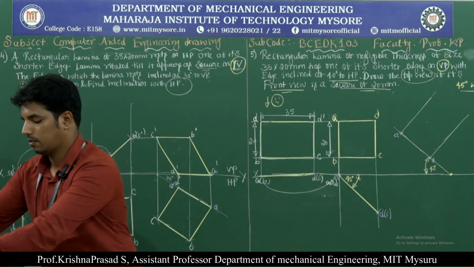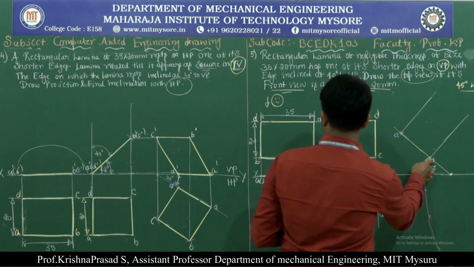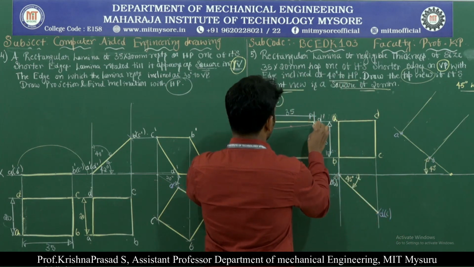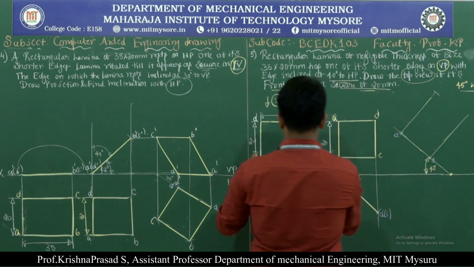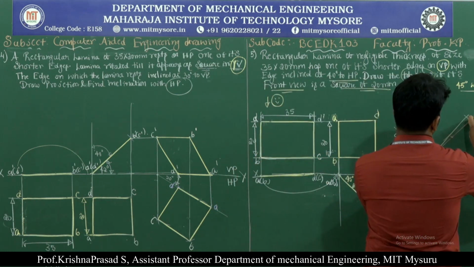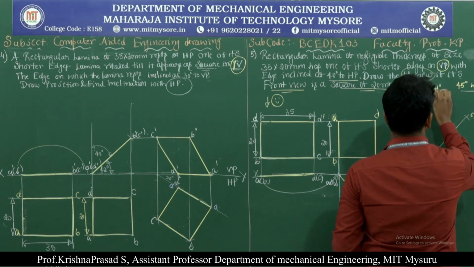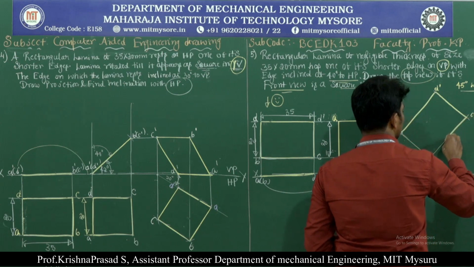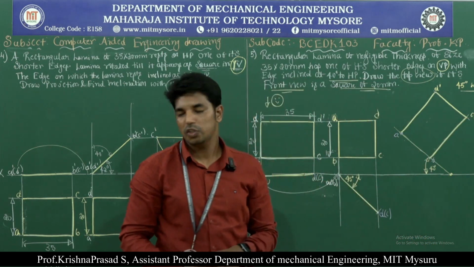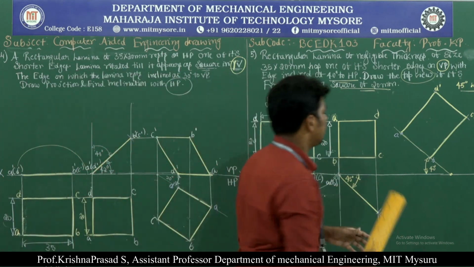Once A and B are fixed here, measure A to D, then B to C. So here we can write this as D dash, and this as C dash. This completes the position of the inclination of the lamina at 40 degree to HP.